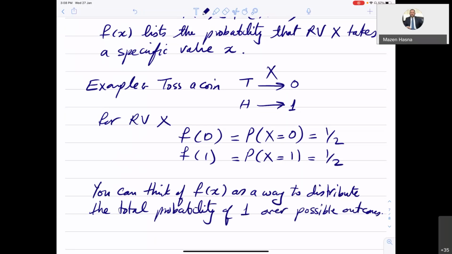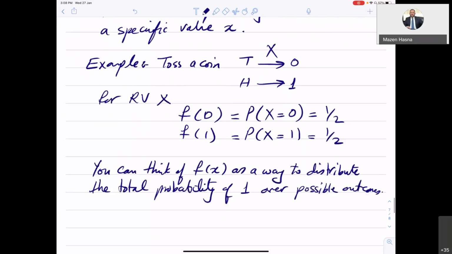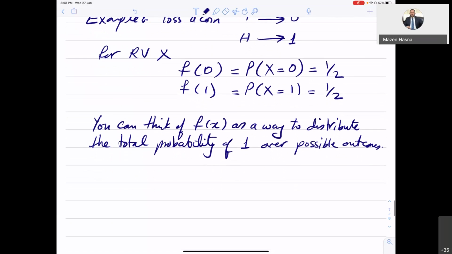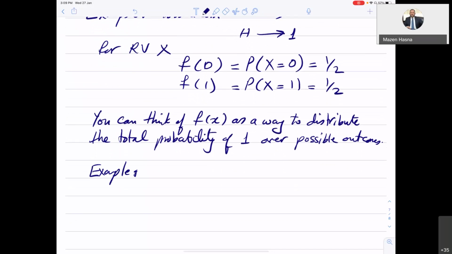Let's do another example. Let's say we flip or toss a coin twice. So we have head head, head tail, tail head, tail tail.